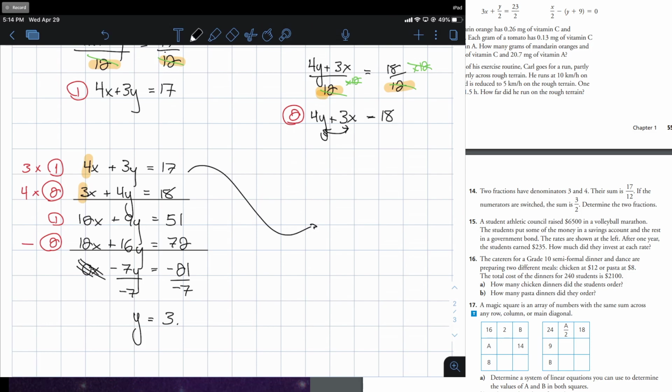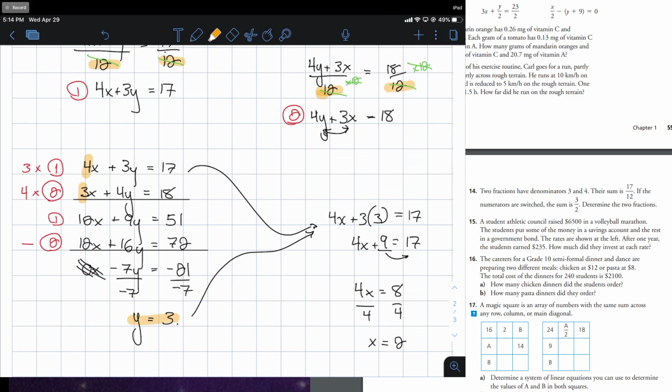So I have 4x + 3 times y, which is 3, so I'm substituting there, equals 17. So 4x + 9 = 17. When I move the 9 over to the other side, I get 4x = 8. And I divide both sides by 4, so x = 2.